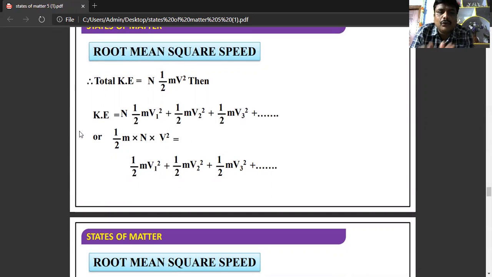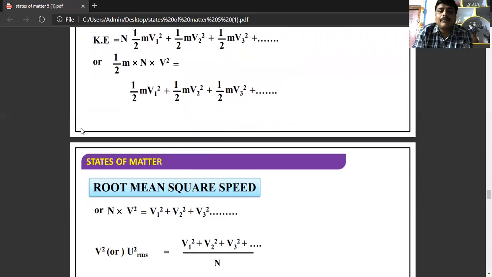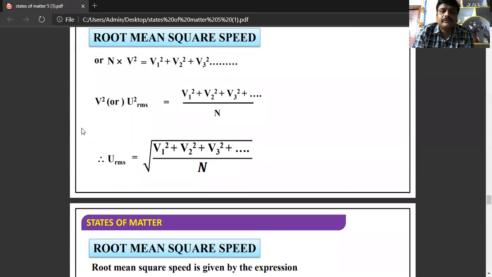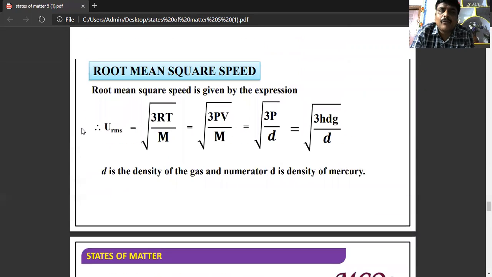Then K is equal to half mv1 square plus half mv2 square plus half mv3 square and so on, which is equal to half into m into n into v square. So ultimately RMS velocity is equal to root of (V1 square plus V2 square plus V3 square and so on) by capital N, where N represents the number of molecules.